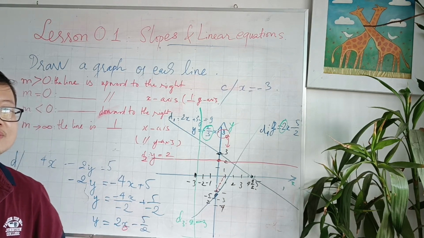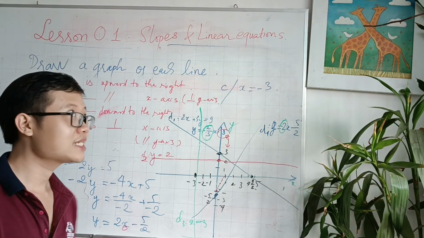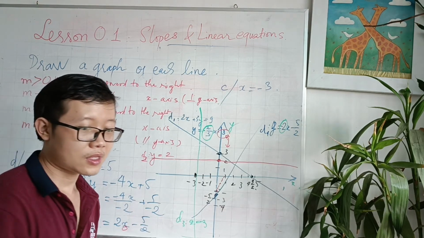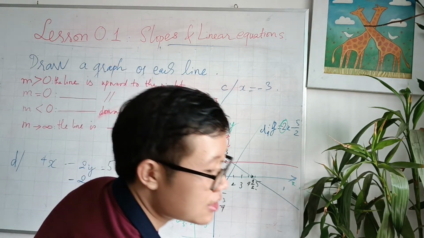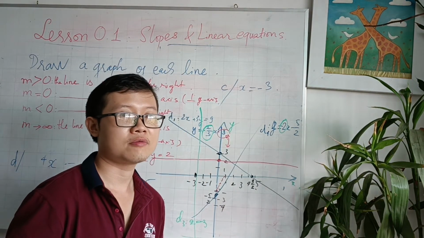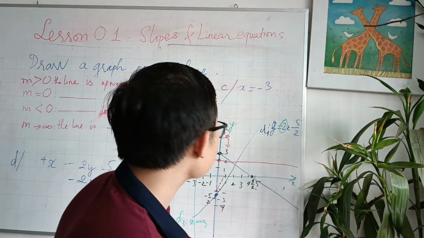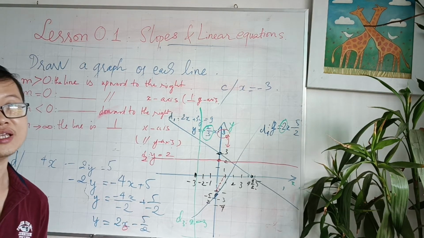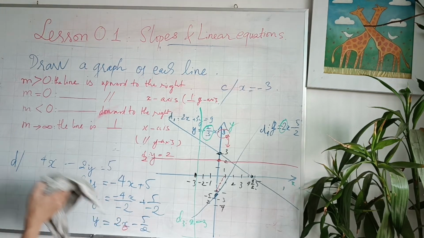So we write some exercises and close our class today, and see you next time. Okay, I clear my board and write the homework for you to do at home.